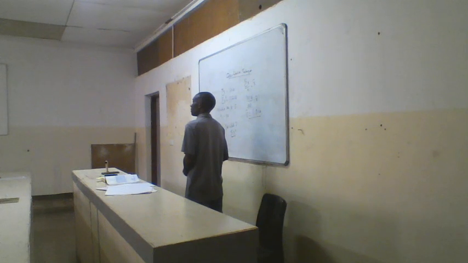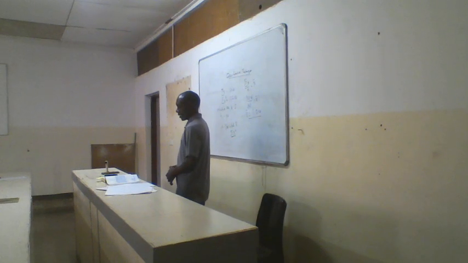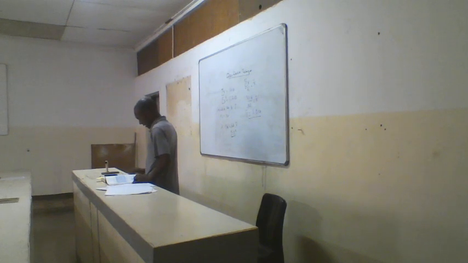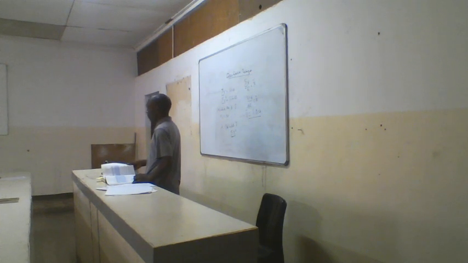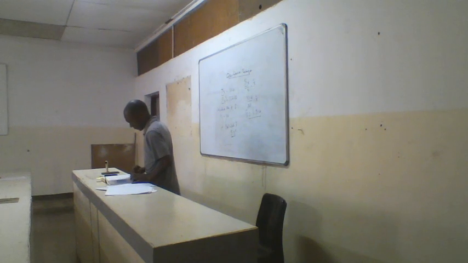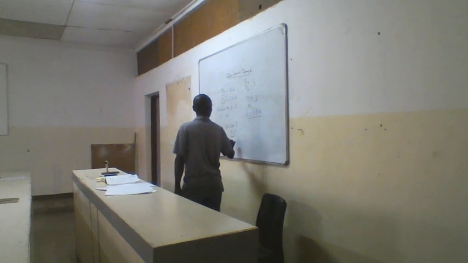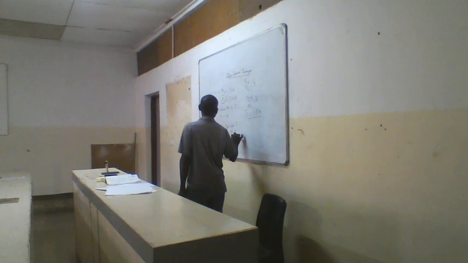That is the sum of X squared divided by n, minus x bar squared.